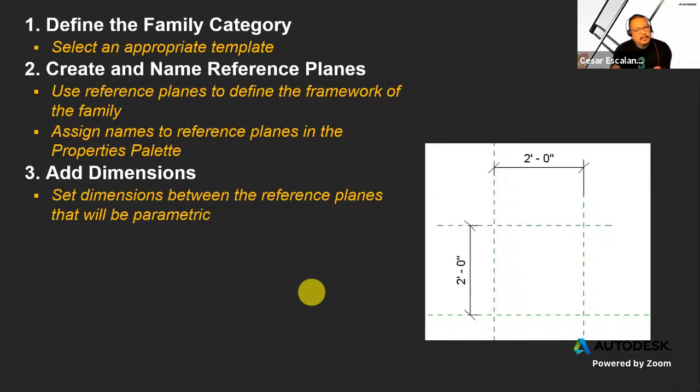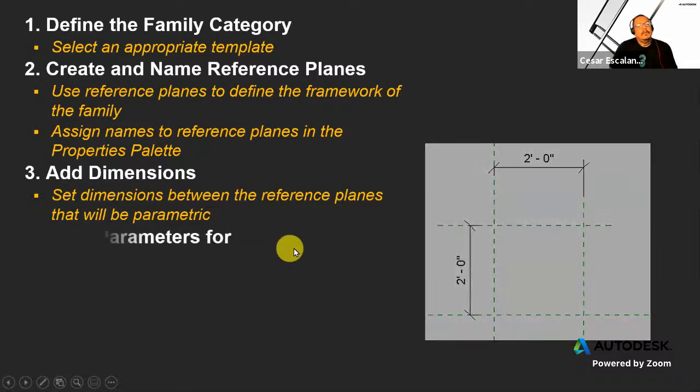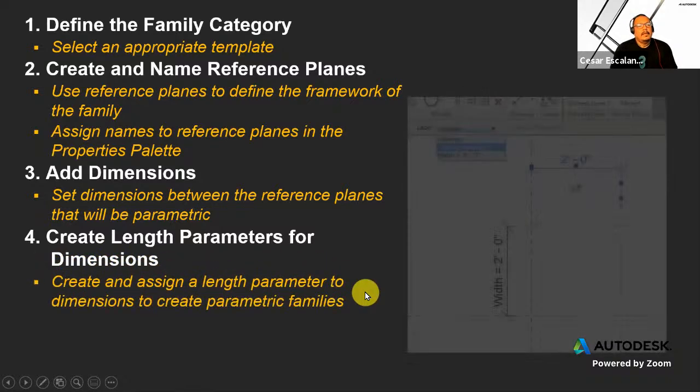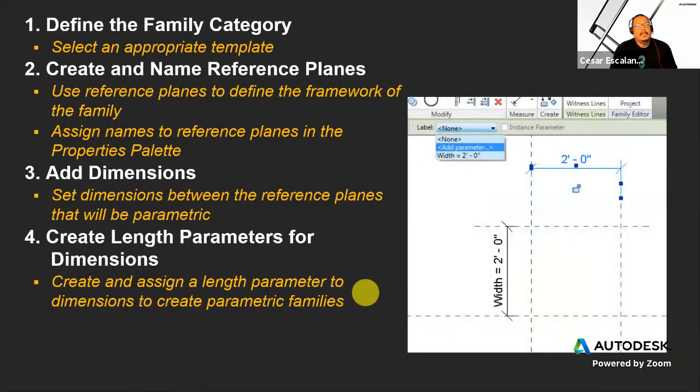But in a fully parametric family, we add reference planes as skeleton, we add dimensions, and these dimensions are converted into labels, or they are converted into parameters. A parameter is a property of the object that's going to be accessed via the type or instance properties.